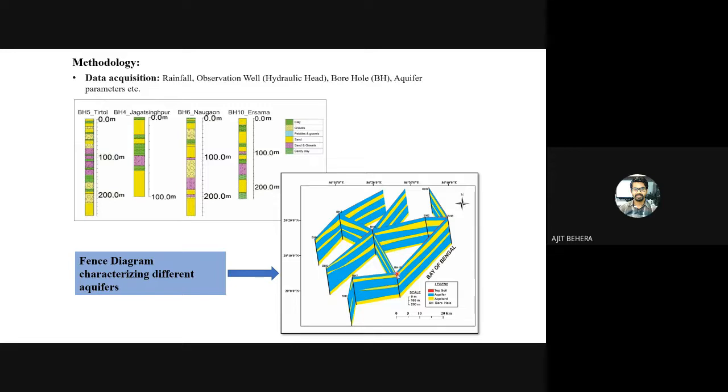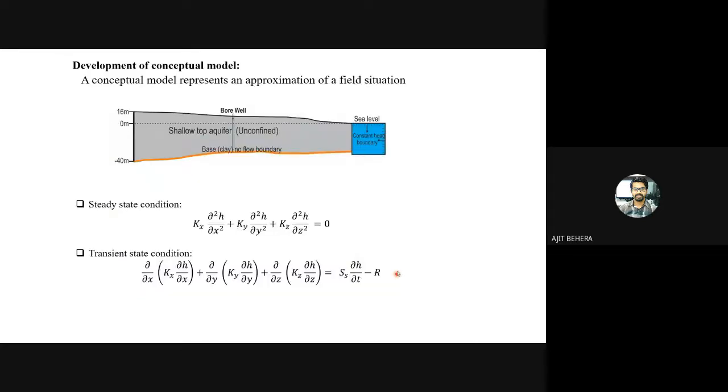This fence diagram gives you one conceptual picture. From this fence diagram, we try to develop a conceptual model. So this is the conceptual model. In the conceptual model, this is the shallow top aquifer, the unconfined aquifer. In this unconfined aquifer, we have a constant head boundary.